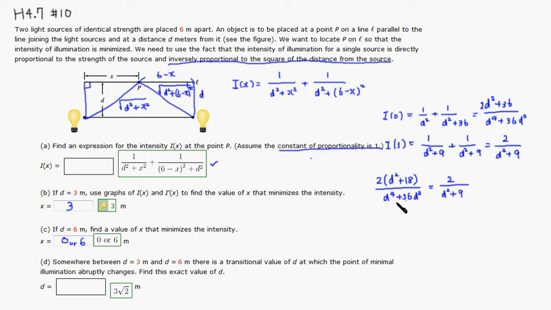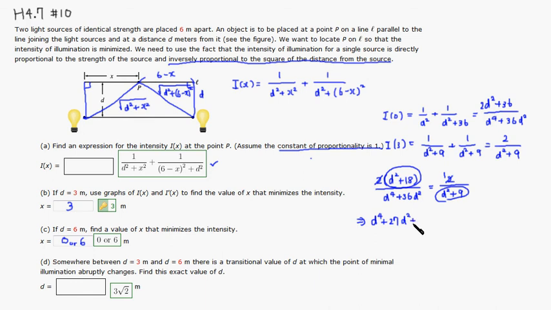Divide through by 2, and that's going to be 1. Then do the cross multiplication. Multiply this guy by that guy, I'm going to get d to the 4th plus 18 plus 9 is 27, so 27 d squared.